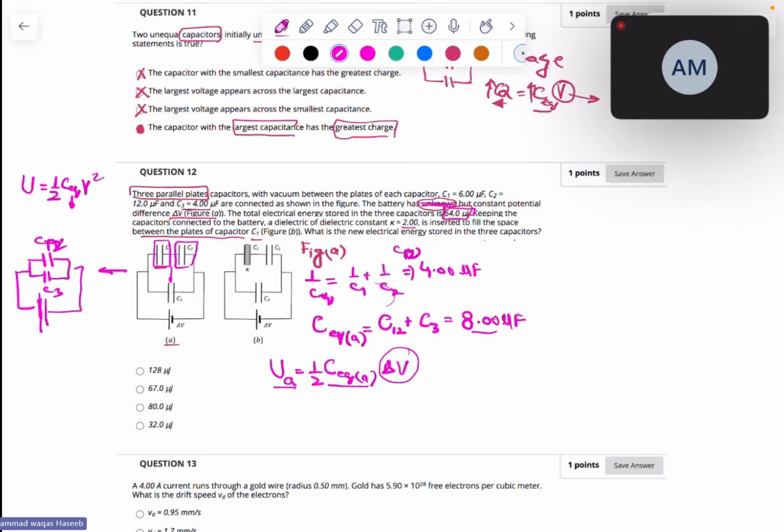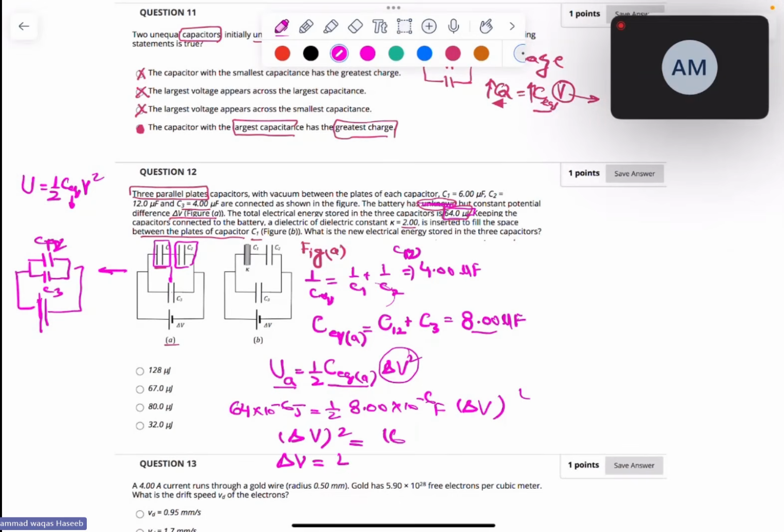So 64 times 10 raised to the power minus 6 joule equals one half times 8 times 10 raised to the power minus 6 farad times delta V squared. When we calculate, delta V squared gives 16, and delta V is 4 volt. So now we have found this unknown.